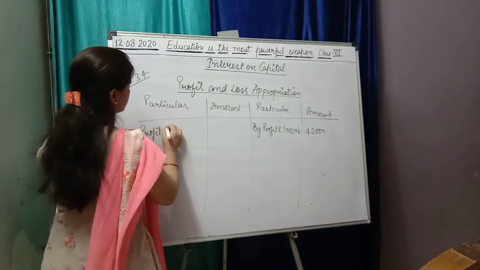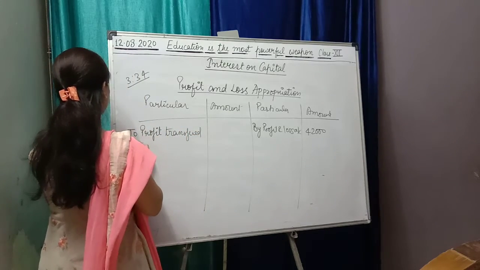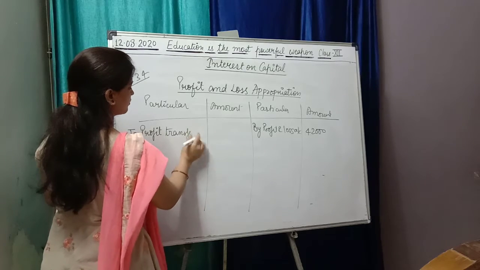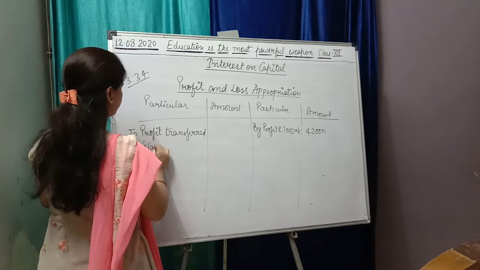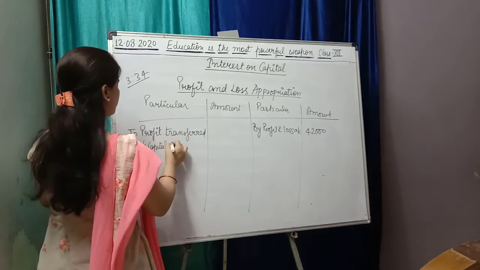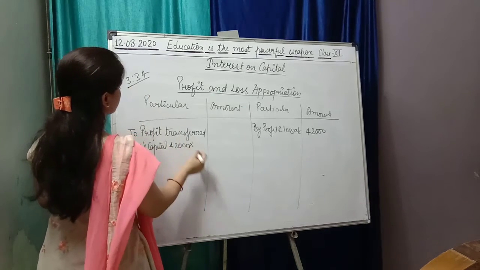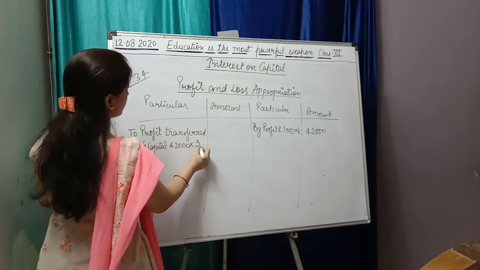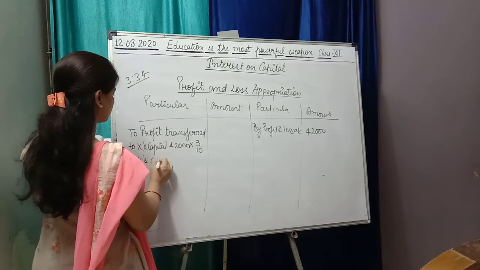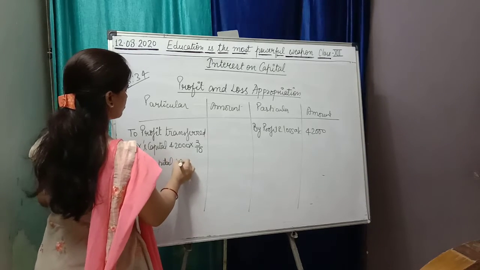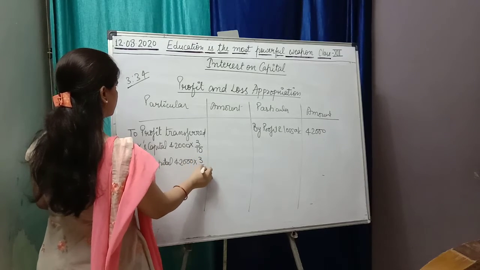So 42,000 profit transferred to X's capital, 42,000 into 3/10. Y's capital account, 42,000 into 3/10.